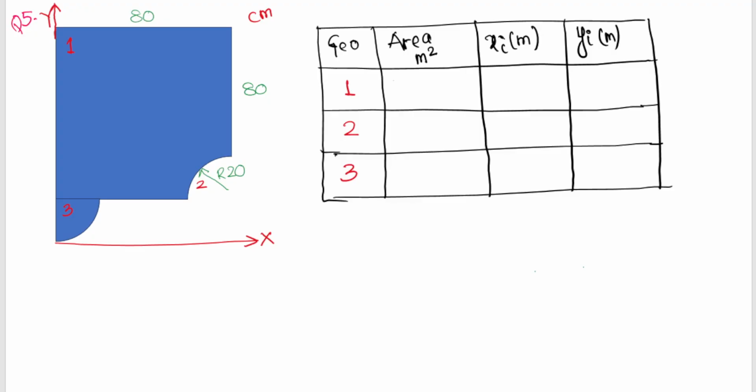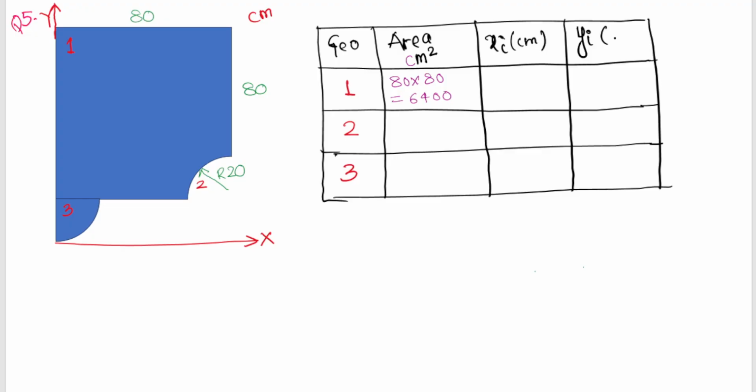Let's fill the vacant values. So area for a square is 80 into 80, which is equal to 6400 centimeter square. This is also centimeter, and this one will be also centimeter. So here let me rectify this.